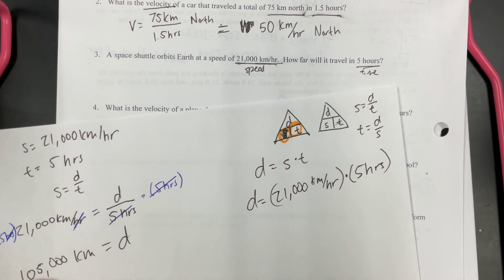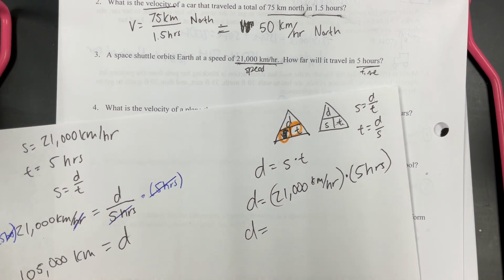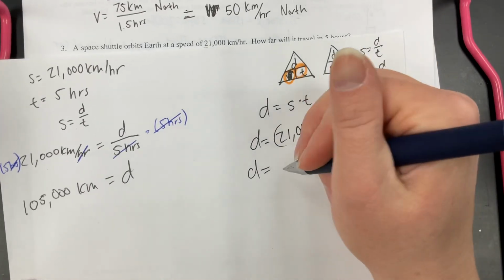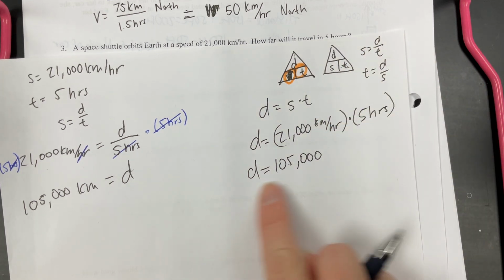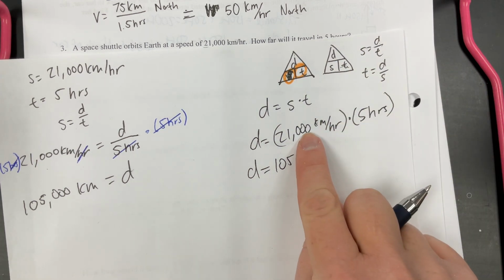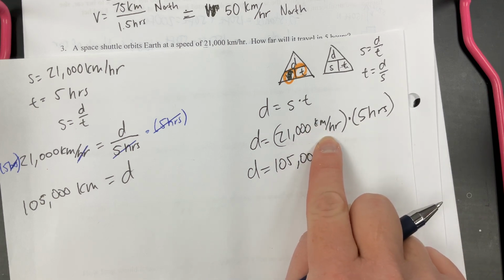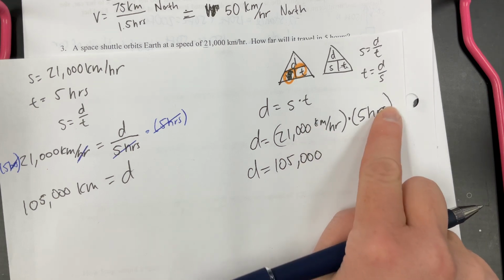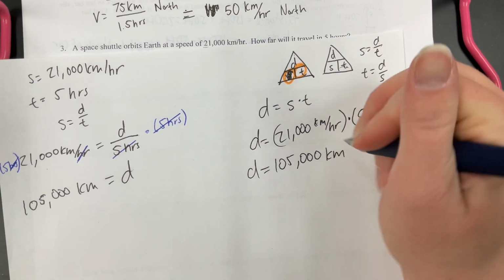And when we multiply straight across, then we get 21,000 times 5. That's that same 105,000 that we got over here using the other method. And when we multiply straight across for our units, it's kilometers over hours times hours. So the hours cancel out here, and that leaves us with just kilometers.